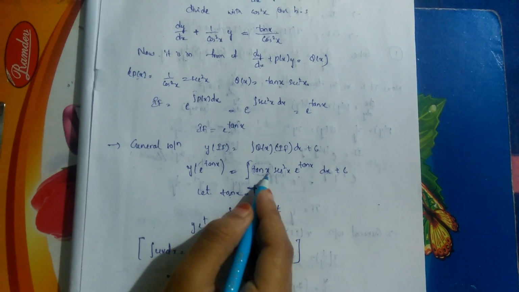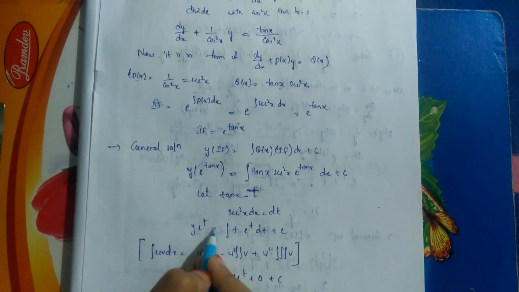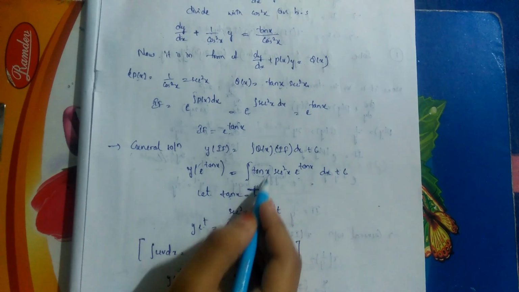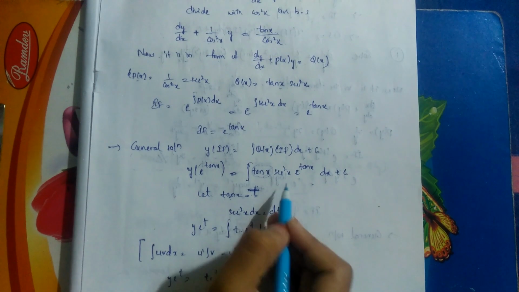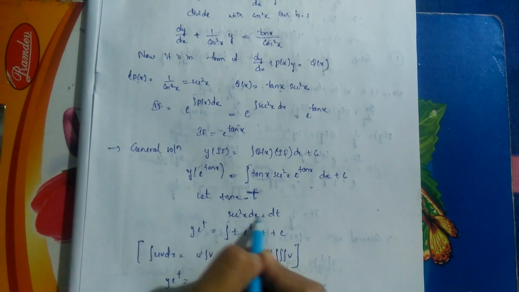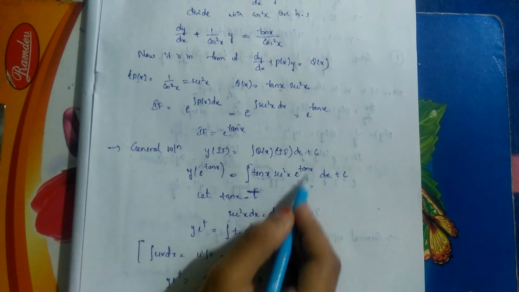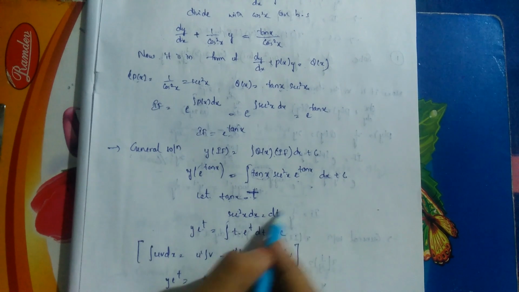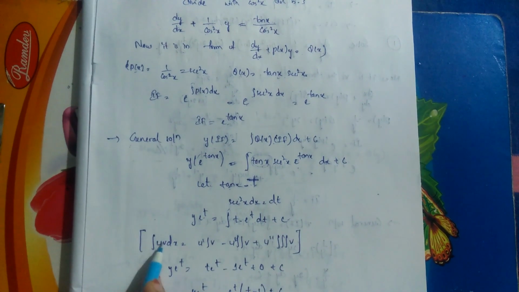So now from this, y into e power tan x, that is t, equals integration of tan x, that is t, and here secant square x into dx can be written as dt. So here t into e power t dt plus c. So we know the formula for integration of uv dx, where two functions are present.